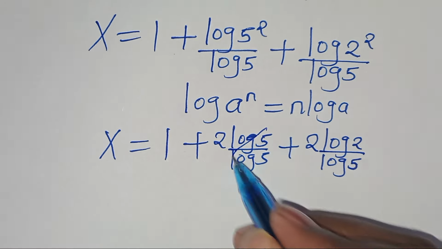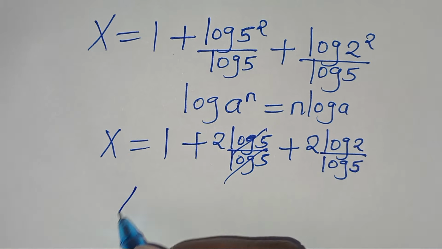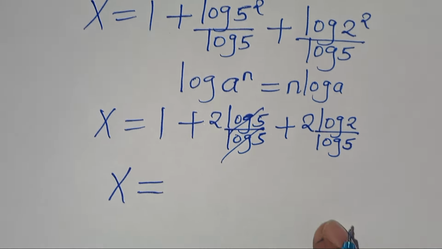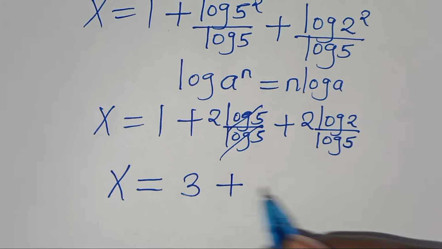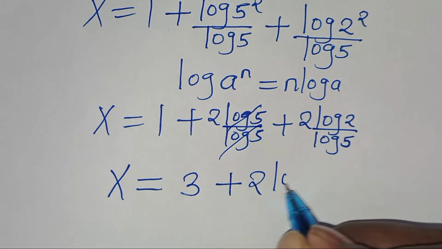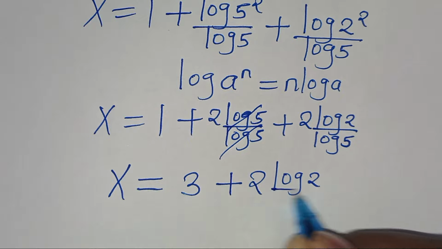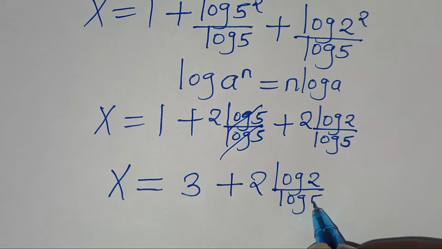Let's simplify log 5 and log 5 here so that now x is equal to 1 plus 2, which is equal to 3, then plus 2 log 2 divided by log 5.